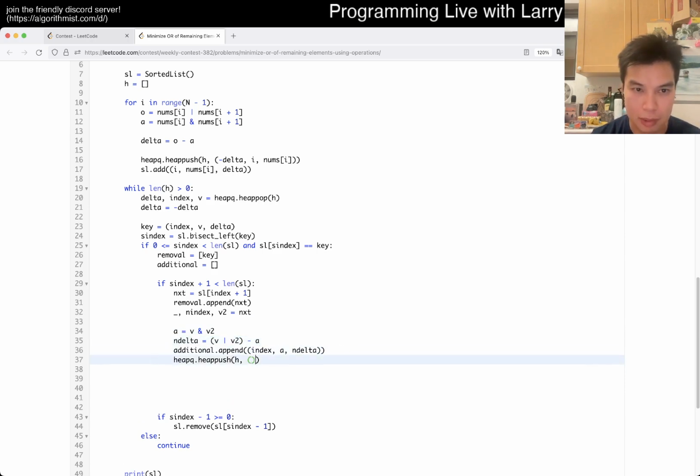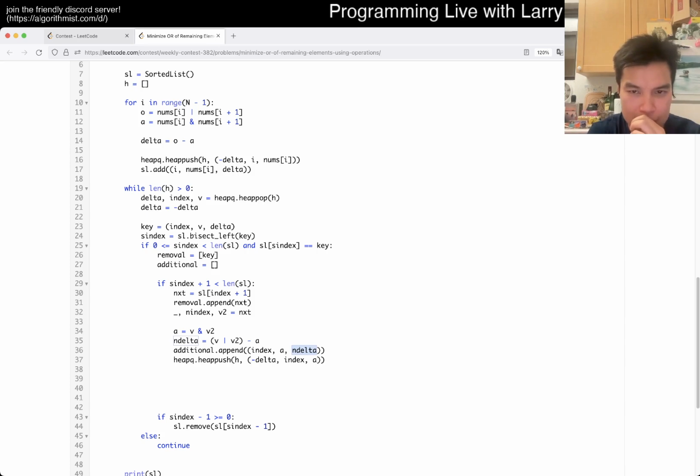Okay, the heap is negative delta, index is the same index, and then the new v is going to be a, right? Is this right? No, this is the old delta.